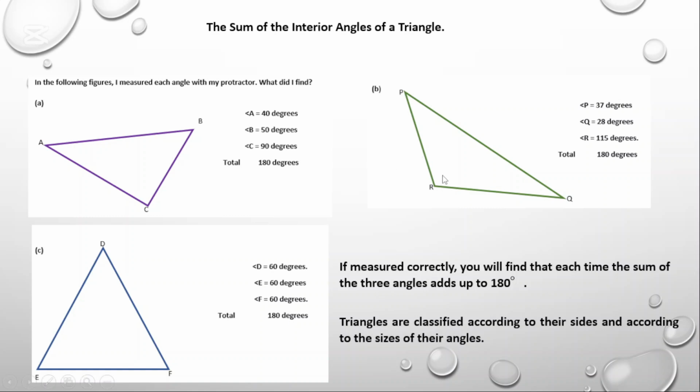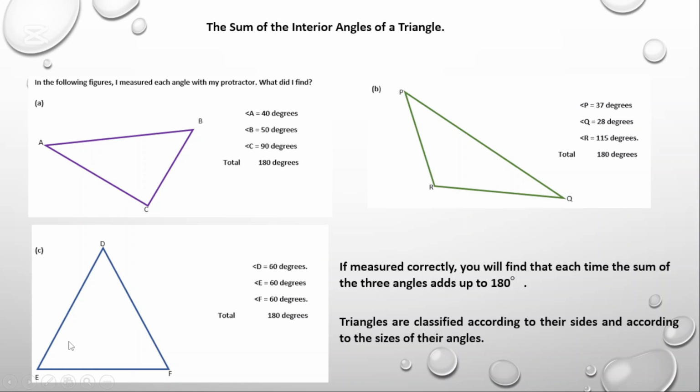Here we have one angle that is an obtuse angle. Angle R is equal to 115 degrees, right? An obtuse angle, and we call this an obtuse angled triangle. The third one. All three angles are less than 90 degrees. 60, 60, and 60.